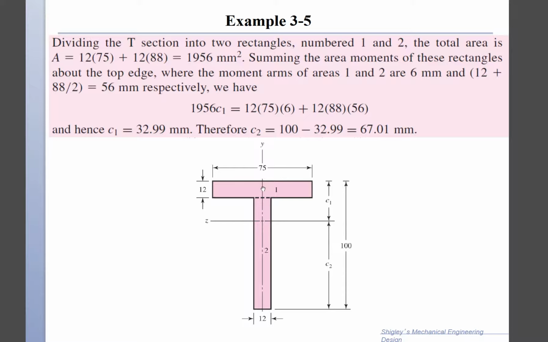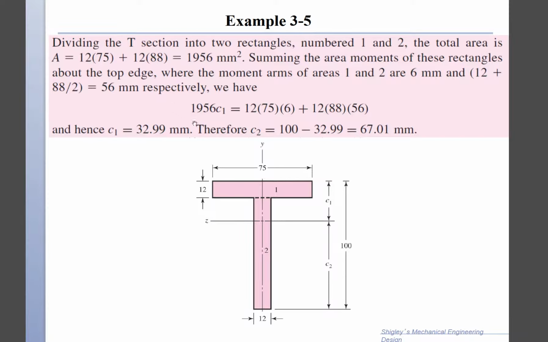Then I take the moment of that force or mass or area about this axis, which is this edge. And therefore, if I want to take the moments, the arm of the first area is 6 millimeters, because the total depth is 12, so half of it is 6. And then in addition to that, I have 12 plus half of 88, and that's 56, and that locates the second concentrated mass.